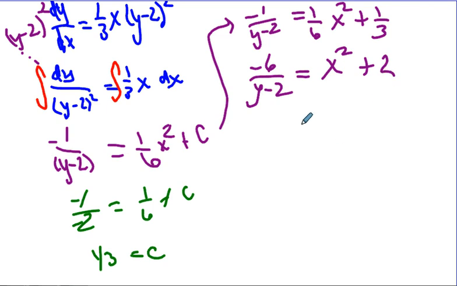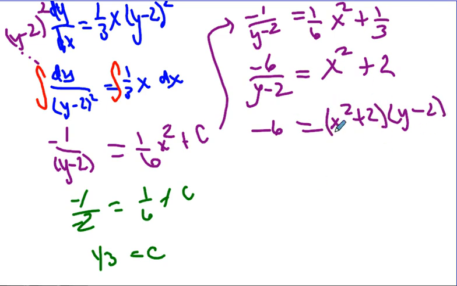All right, and then to get y by itself, I need to multiply y minus 2 on both sides. So I actually get negative 6 equals x squared plus 2 times y minus 2. Okay, and then I'm going to divide by the x squared plus 2, so negative 6 over x squared plus 2 equals y minus 2.